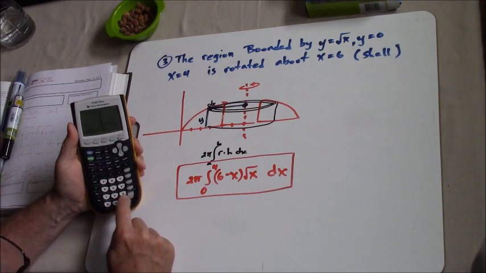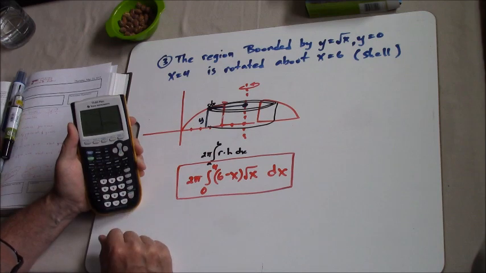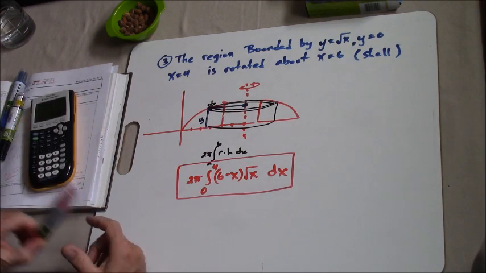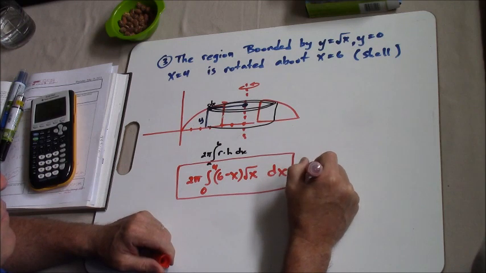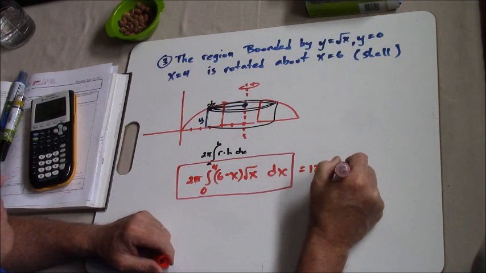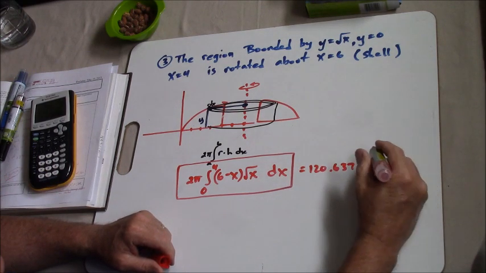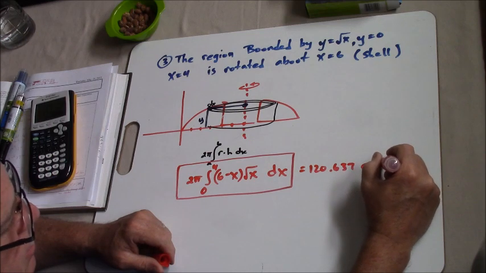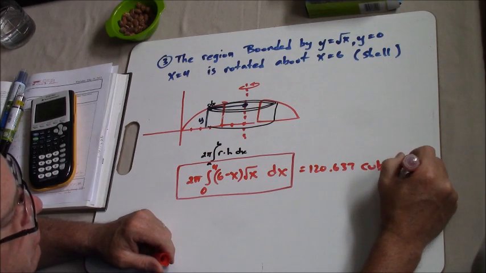I want to go from 0 to 4. And it's working, and there it is, 120.637. And this is volume, so that would be cubic units.